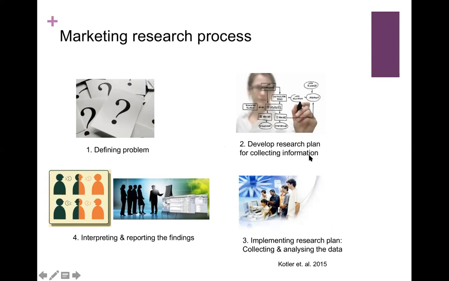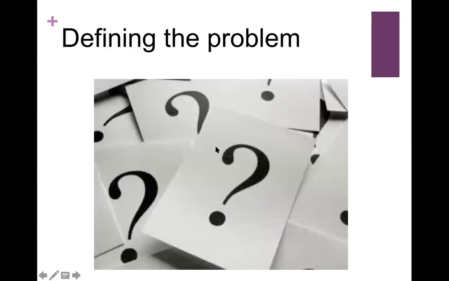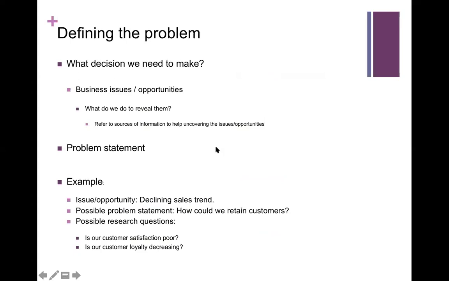After we discuss the research plan, we actually implement it, collecting and analyzing data. So we interview the respondents or conduct other research activities to collect the data, then interpret it and report the findings accordingly. All right. So we discussed defining problems.